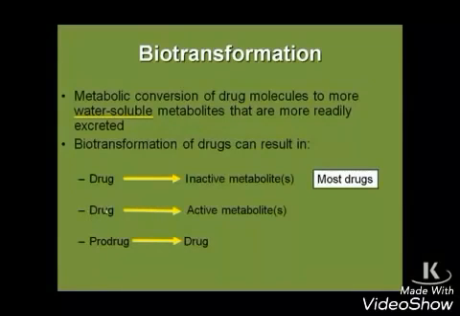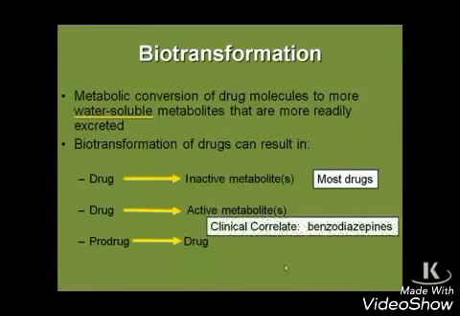You can take a drug, even a drug that's active as given, and that drug can be metabolized to active metabolites. A very classic example of this is the clinical correlate that you can see there on benzodiazepines. Many benzodiazepines are active as given and then metabolized to active metabolites. And those metabolites are very essential to the actions of the drug.